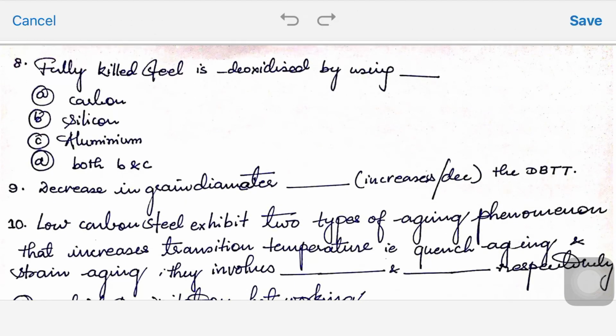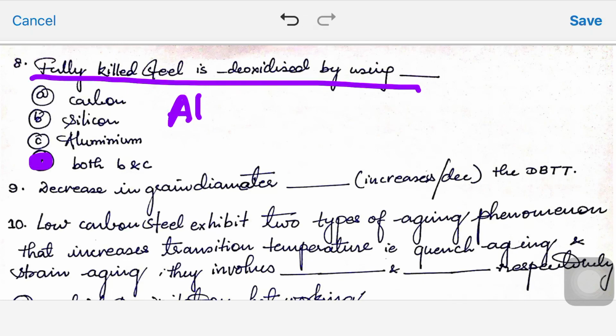Question number 8. Fully killed steel is deoxidized by. Rimmed steel has maximum oxygen content, then comes semi-killed steel, and the fully killed steel has the lowest oxygen content, and in that case the deoxidation is done by the use of silicon as well as aluminum. So the option D is correct.